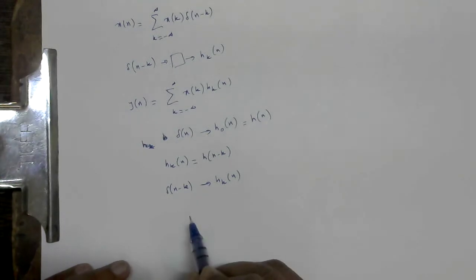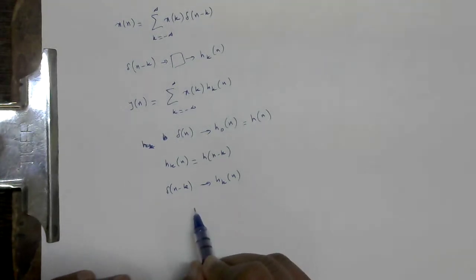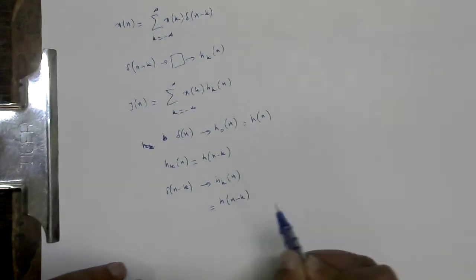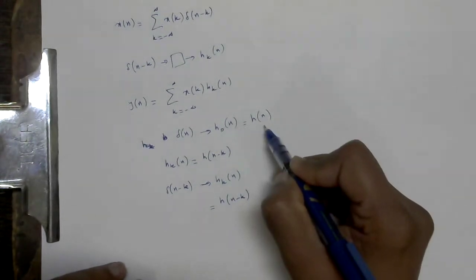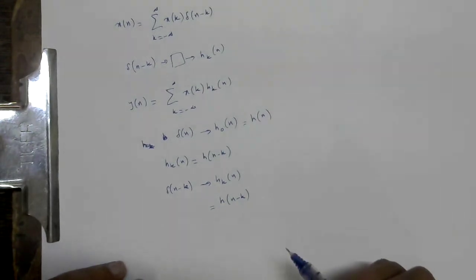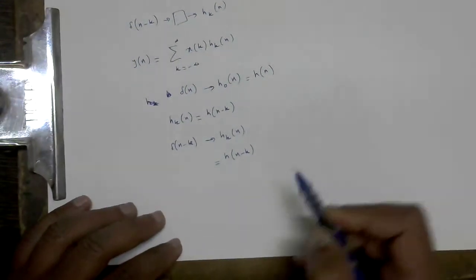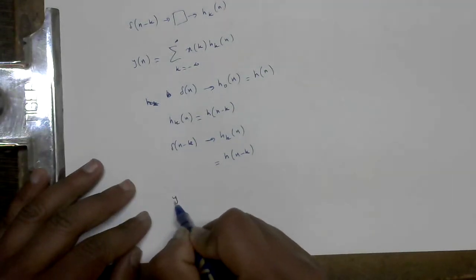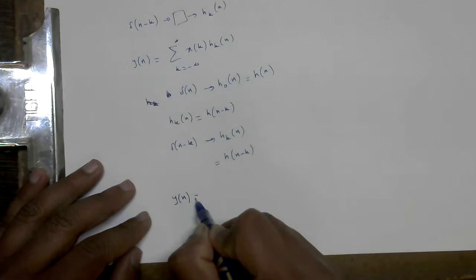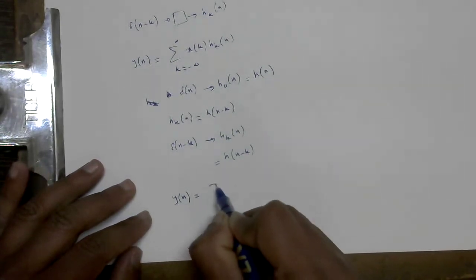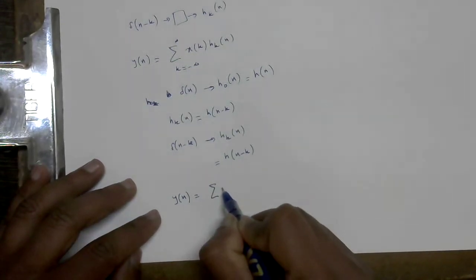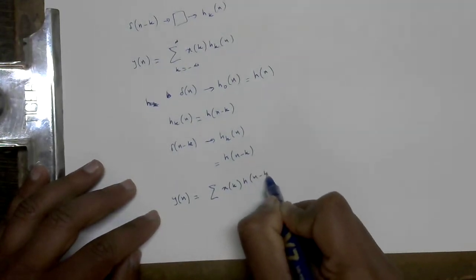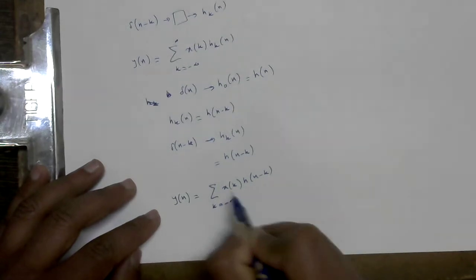So if the system is time invariant, h_k of n will be nothing but h of n minus k, where h of n is the response to delta of 0. Essentially this means that if the system is linear as well as time invariant, an arbitrary input x of n will generate an output y of n, which is given by the sum of x of k h of n minus k, where k goes from minus infinity to infinity.